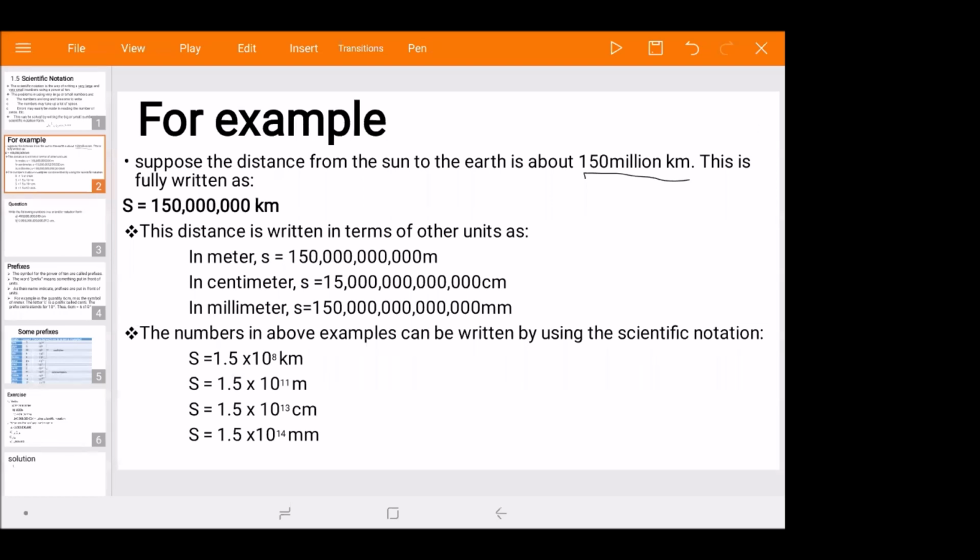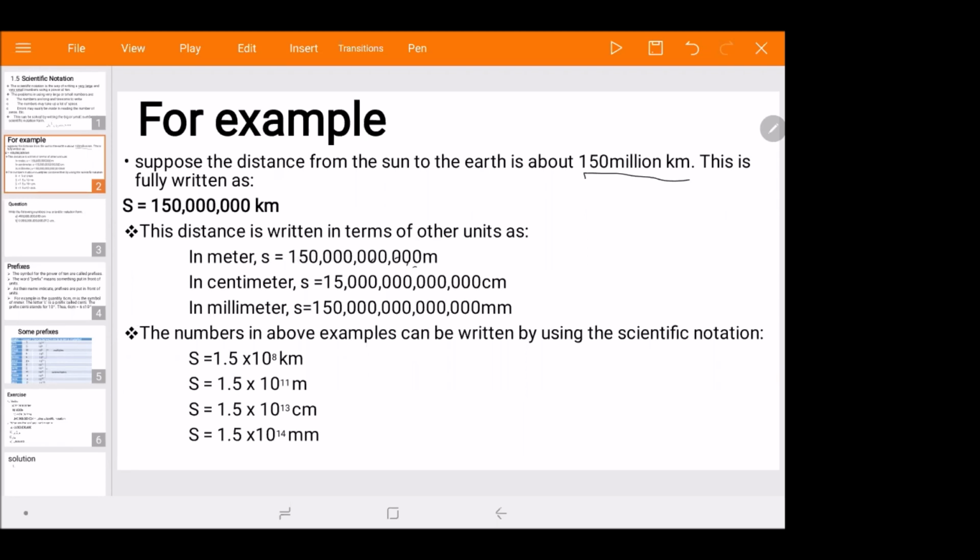If the number is very large, start from the right and count to the left, up to the one. For example, 1, 2, 3, 4, 5, 6, 7, 8, 9, 10, 11. After the one digit, if we count, we get 11 in the case of meters.